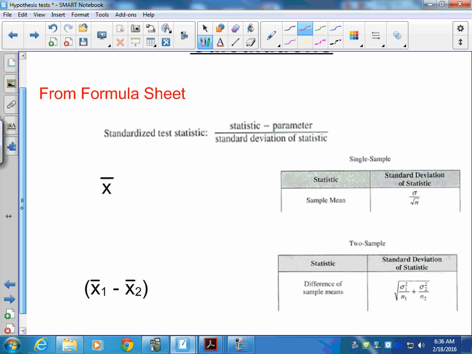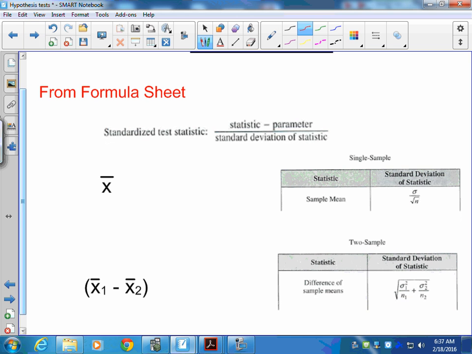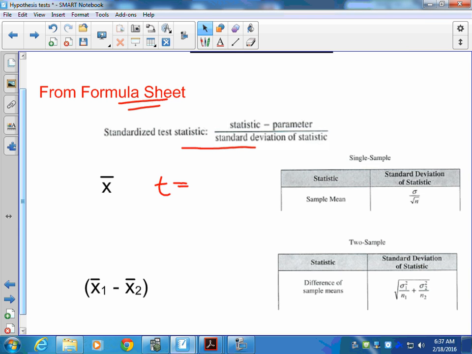Now remember, everything that you need calculation-wise is on the formula sheet. The backside of the formula sheet given to you for the test gives you your test statistic formula. We want to remember in mean values, when we're given a sample distribution, we're finding a t-value.